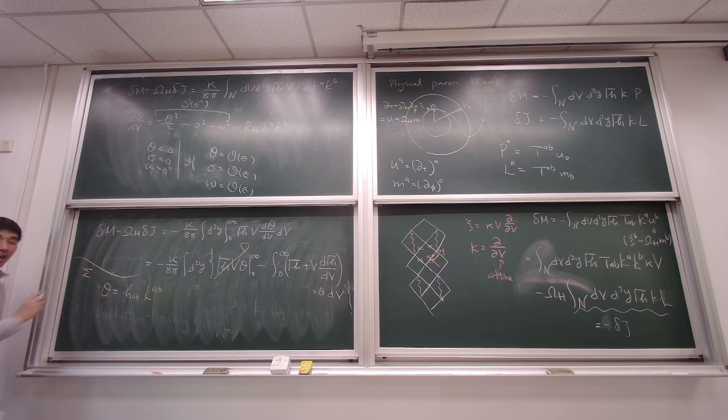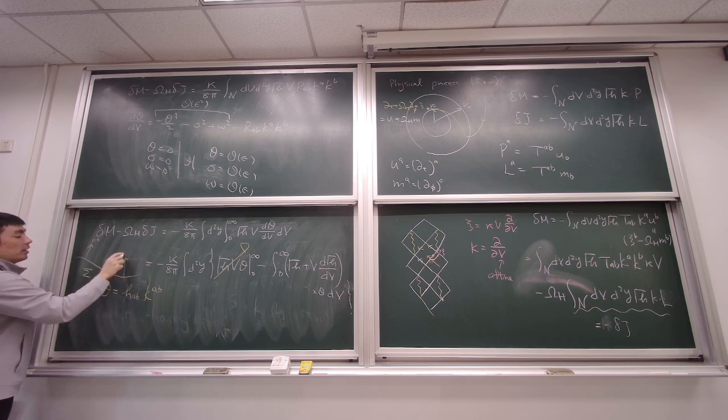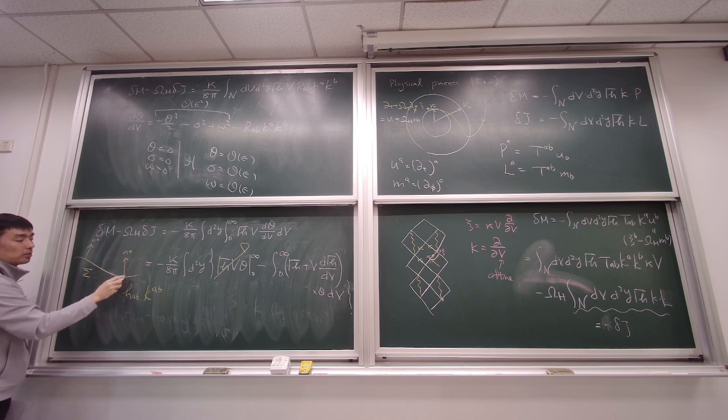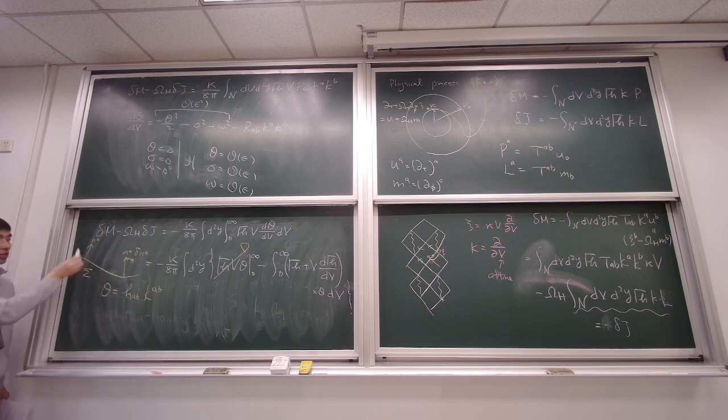If you have a hypersurface and a normal vector N_A, and you move this one by parallel transport, then the delta N_A will show up. So this extrinsic curvature will just measure how they are different, how they change.